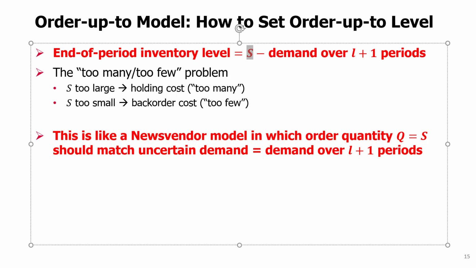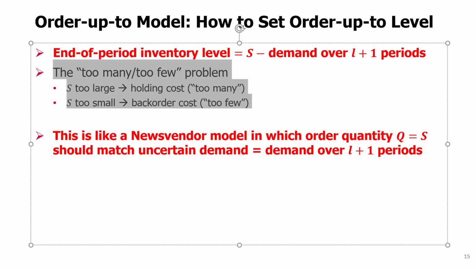If S is set too low for the demand over L plus 1 periods, then you might risk a backorder cost, right? You might have a shortage. And this is the case of too few. So what I want you to see is that we can observe here, again, a problem of having too many or too few units.